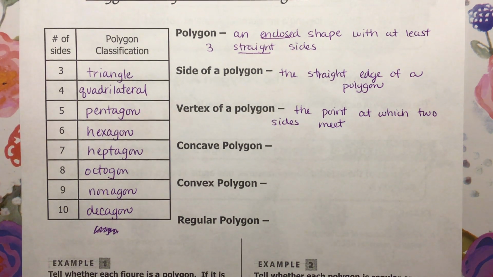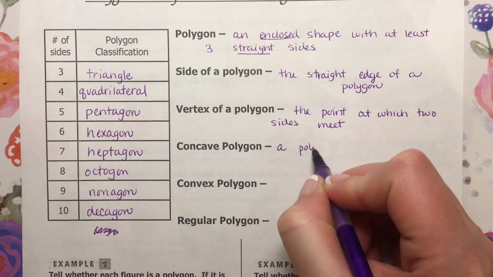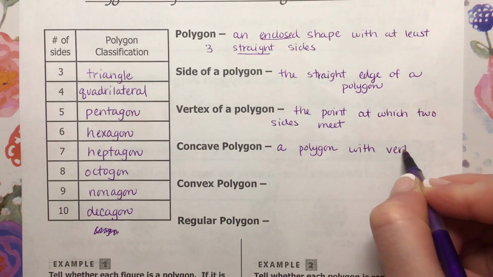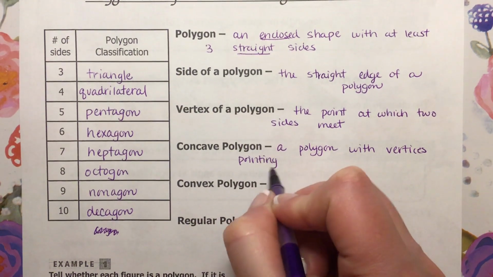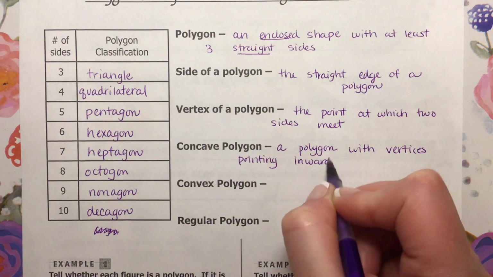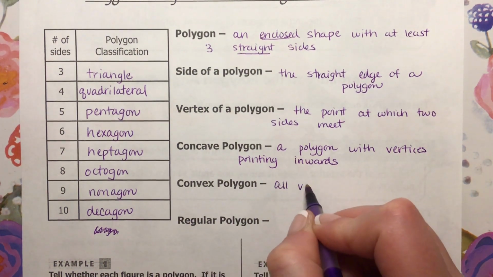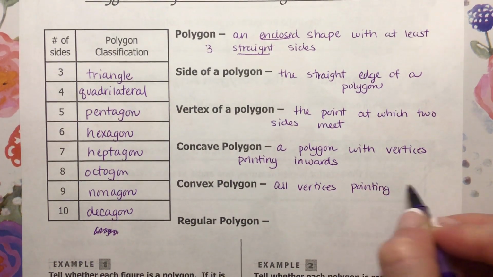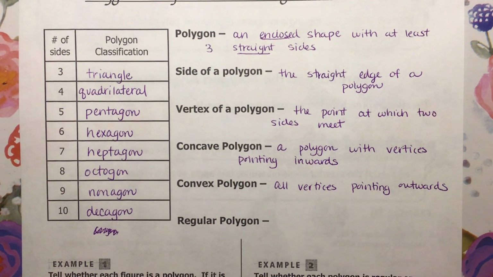A concave polygon is going to be a polygon with vertices pointing inwards, while a convex polygon is going to have all vertices pointing outwards. You're going to see some examples of that here in a minute.